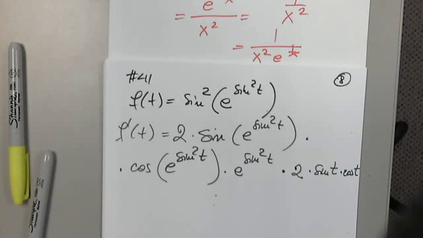One more time, the power was here, times the power minus 1. Now I differentiate sine, which is cosine of this. Now I differentiate this, which is e to that times the inner function prime. But that is also a power function with the chain rule: 2 times sine t times cosine t.